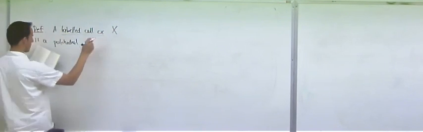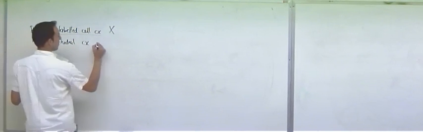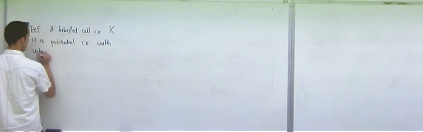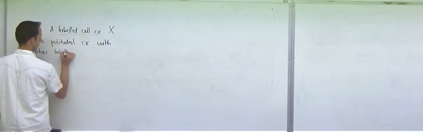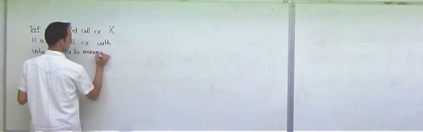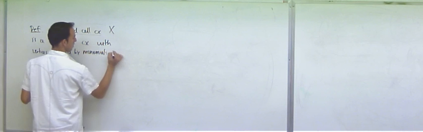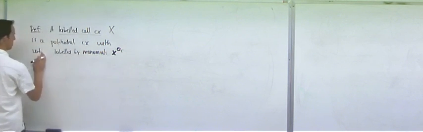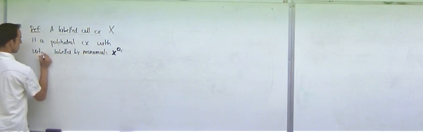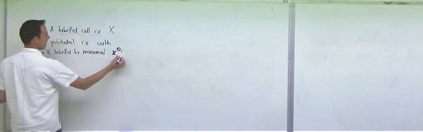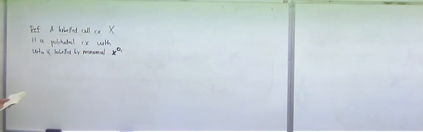When I write CX, I mean complex, with vertices labeled by monomials x to the a_i for each vertex v_i. And once you have the vertex labels, that gives you uniquely labels on every face.